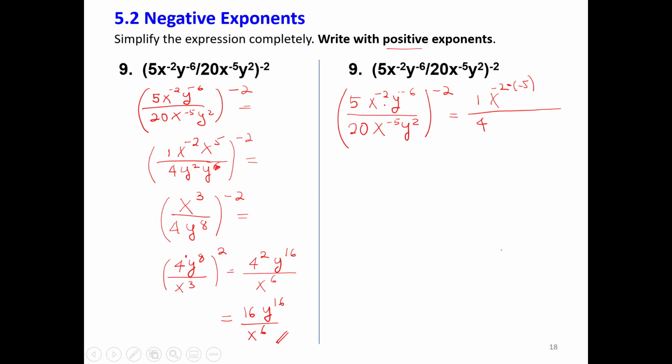To apply the quotient rule, we need the same base. And the same thing we can do with the y. Y minus 6 minus minus 2. This minus this. But this exponent is negative. I need to get that negative. Then what we had here, again, if we multiply any number by 1, we will get the same number. And here you see this negative with this negative.